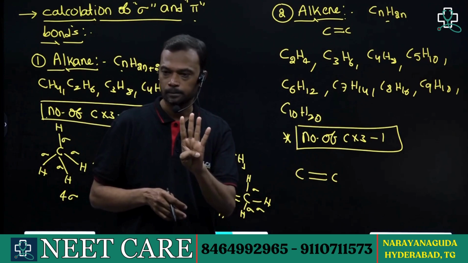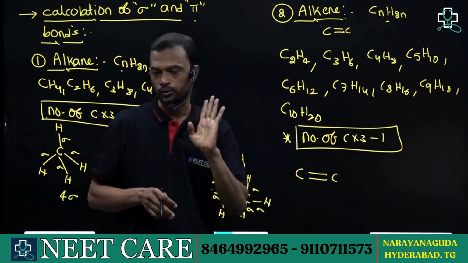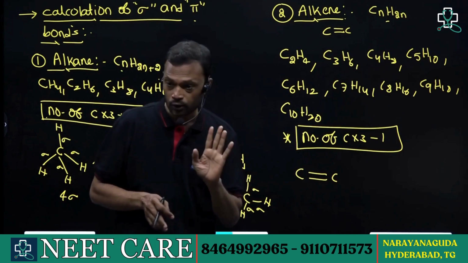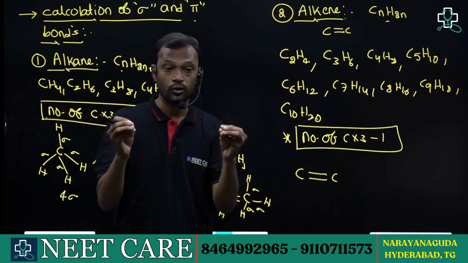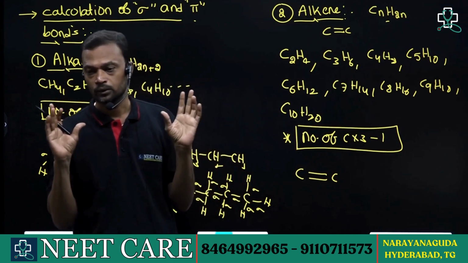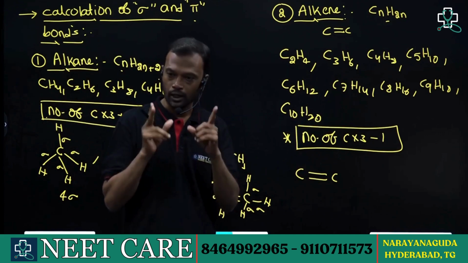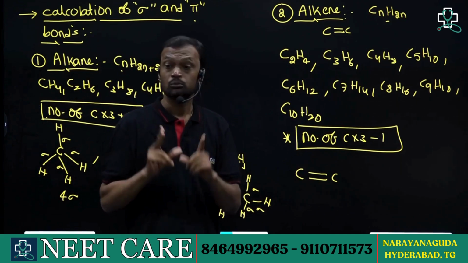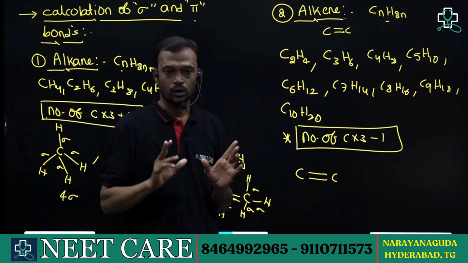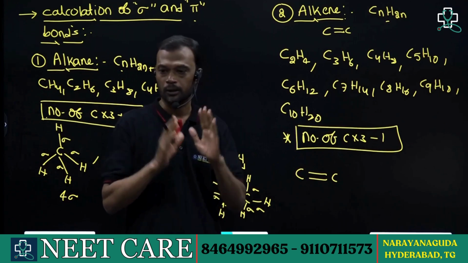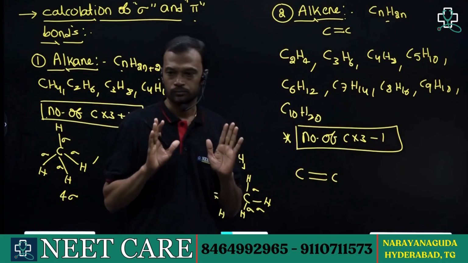That you remember. You can't create more than 4. You can create less than 4, but you can't create more than 4 for which one? Carbon. Carbon never adopts valency more than 4. How many bonds can you write maximum for a carbon? Maximum 4.